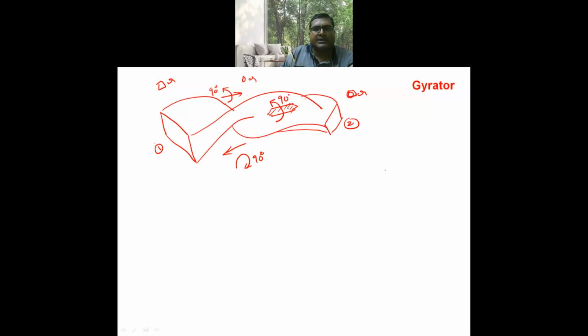So when the signal is traveling from port 1 to port 2, what is happening? You can observe, just consider this is the initial polarization of electromagnetic wave.